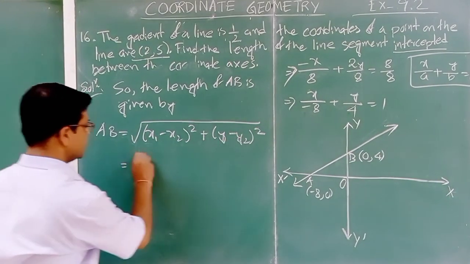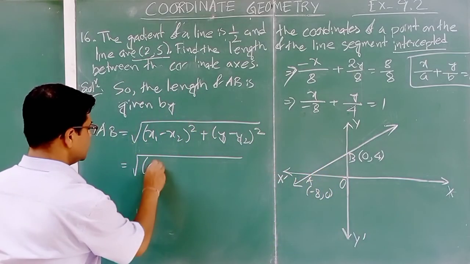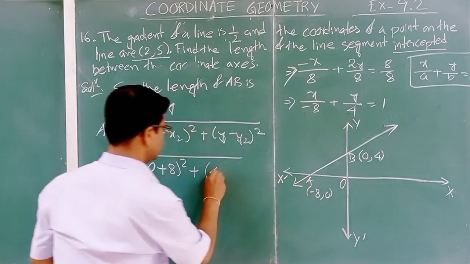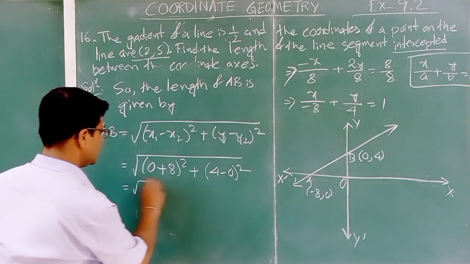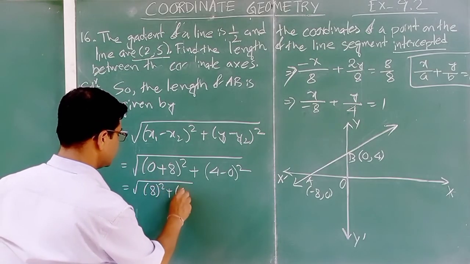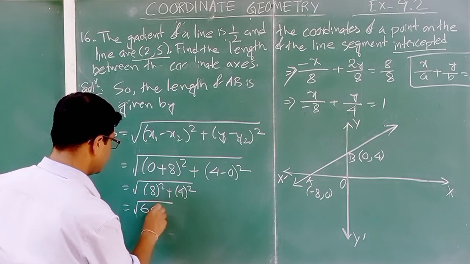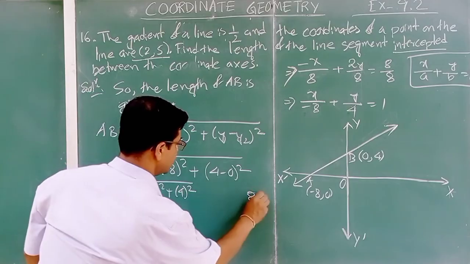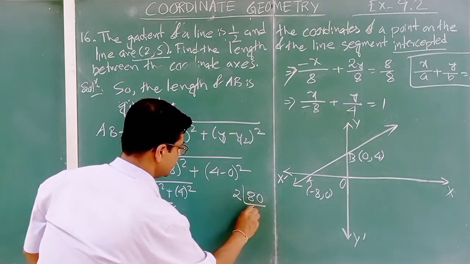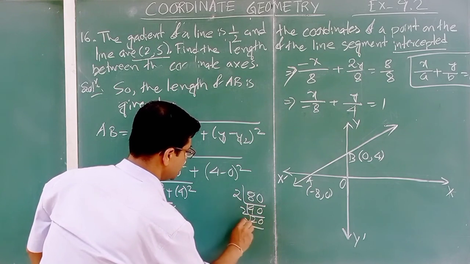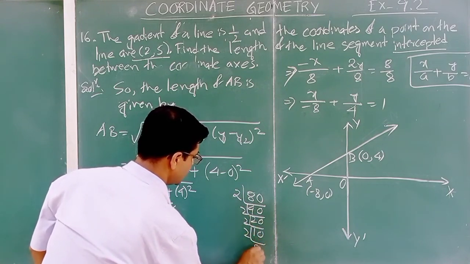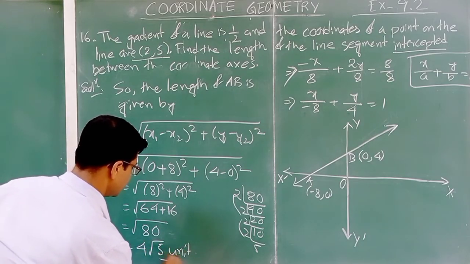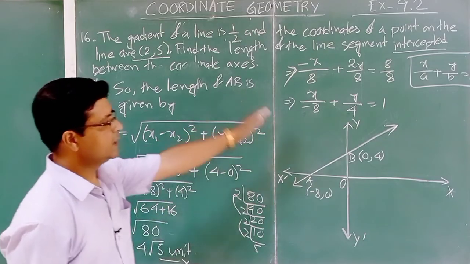That is 0 minus of minus 8, that is 8, whole square, plus 4 minus 0 whole square. So this is 8 square plus 4 square, 64 plus 16, which is 80. Factorizing, 80 is 2 to the 4 times 5. So the length is 4 root 5 units. This is the length of this line segment.